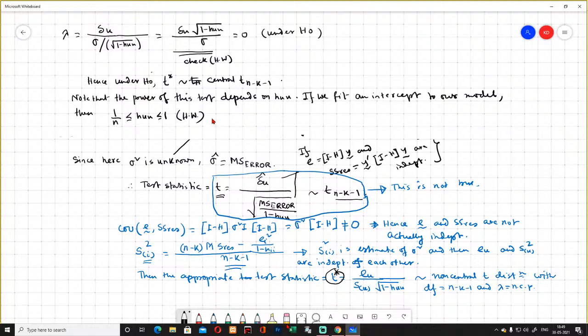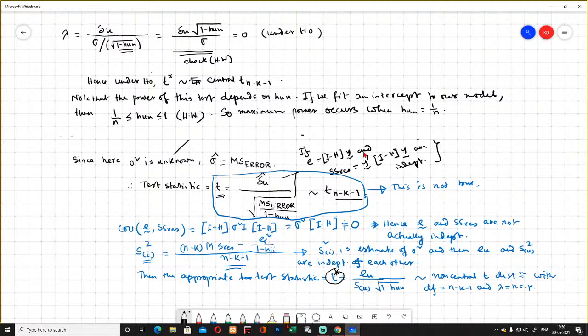So maximum power occurs when h_ii is equal to 1/n, because if you look at the expression of the non-centrality parameter, you see that lambda increases when h_ii decreases.